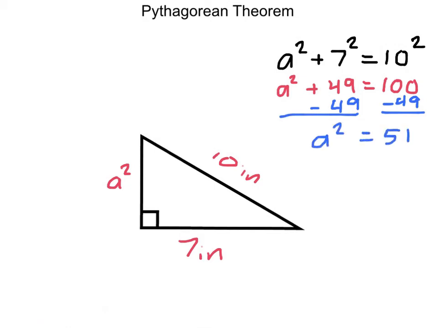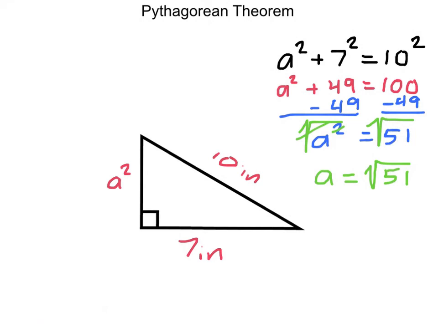And just like before, our final step is going to be using the square root. So I'm going to take the square root of both sides, but when I do that, once again those cancel out. There is no square root of 51, so all we do is just leave it as the square root of 51.